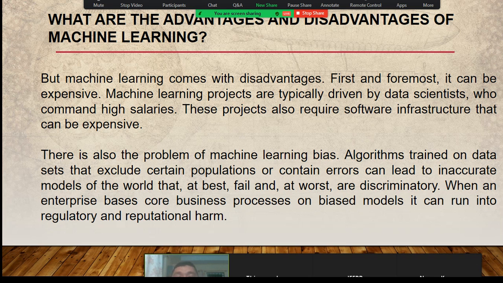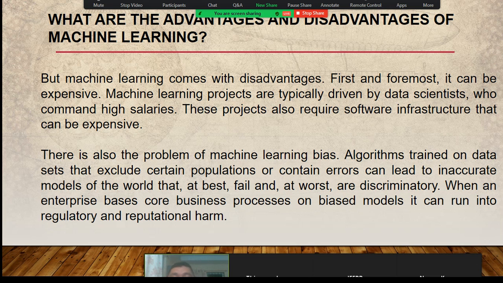But machine learning comes with disadvantages. First and foremost, it can be expensive. Machine learning projects are typically driven by data scientists who command high salaries. These projects also require software infrastructure that can be expensive. There is also the problem of machine learning bias.